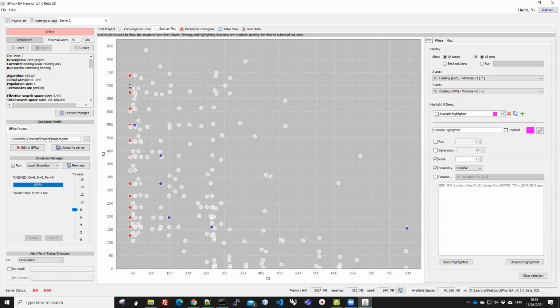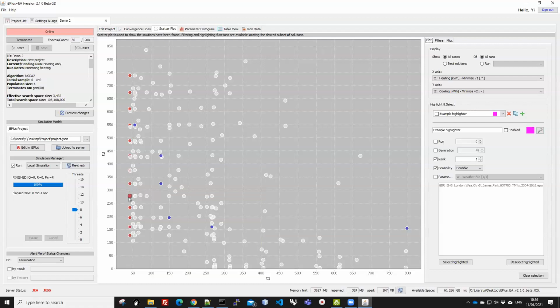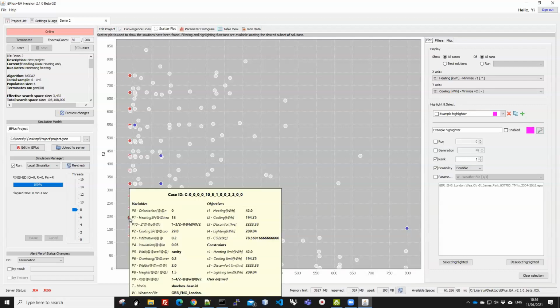So this already gave us some interesting insight. It's telling you that the outcome is only dependent on the orientation and the heating set point, and no matter what the cooling set point value is, the results are the same, right?